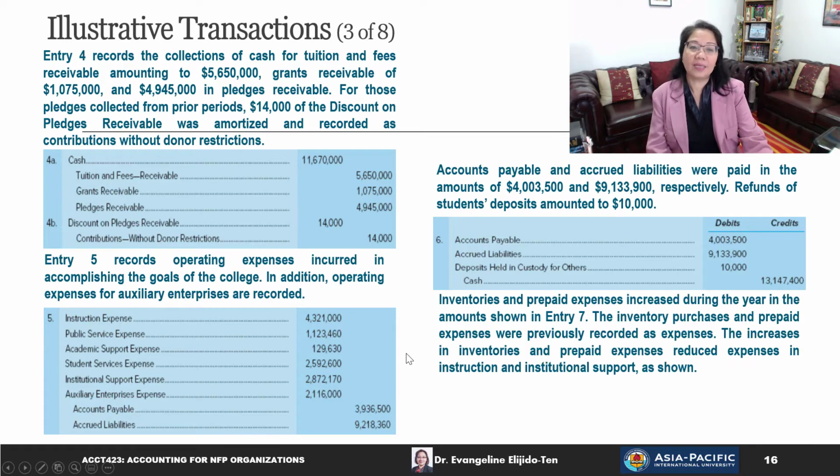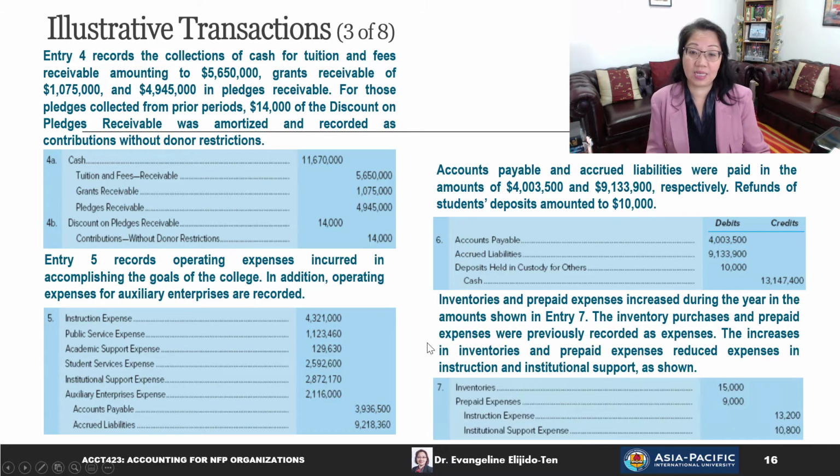13,147,400. Next, the inventories and prepaid expenses increased during the year in the amounts as shown in entry number 7 here. So also we are told that the inventory purchases and prepaid expenses were previously recorded as expenses.